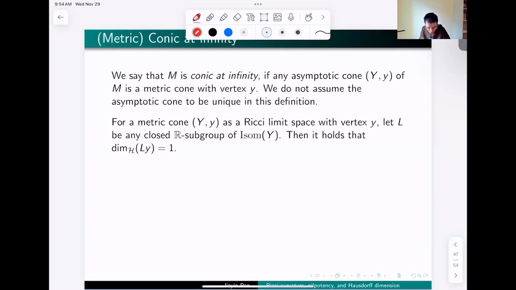If you have a metric cone as a Ricci limit space, then you have the Cheeger-Colding splitting theorem, and you have a good description of how these R subgroups look, because they will be in the Euclidean part. Then it turns out that the Hausdorff dimension of any R closed subgroup is always 1.